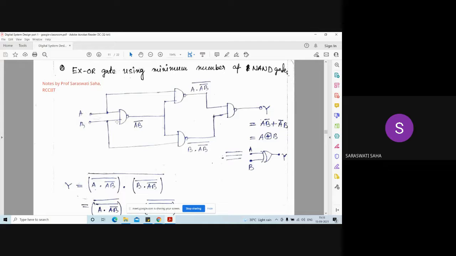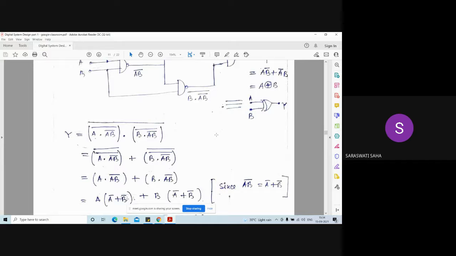One to get this term AB'. Another to get these two terms, two-input NAND gates are required. And finally, from these two terms, you will get the output using this NAND gate. Here is the simplification.